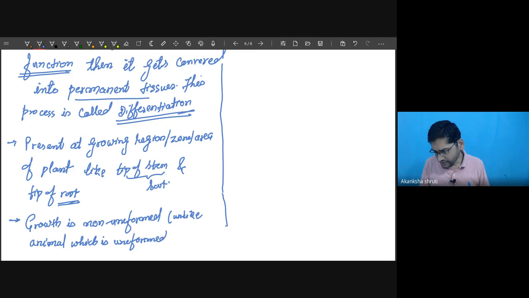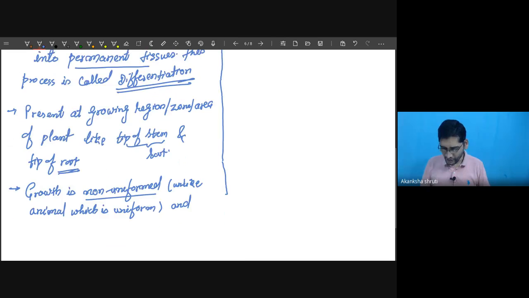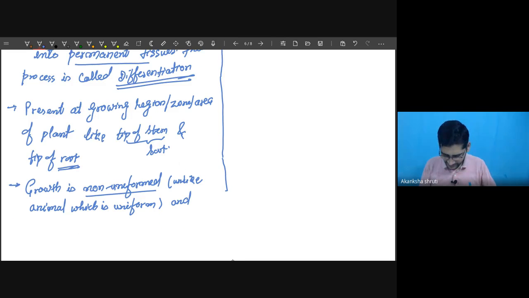So this non-uniform growth of the plant makes it location or region specific.